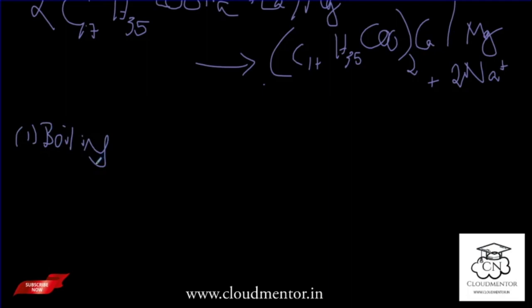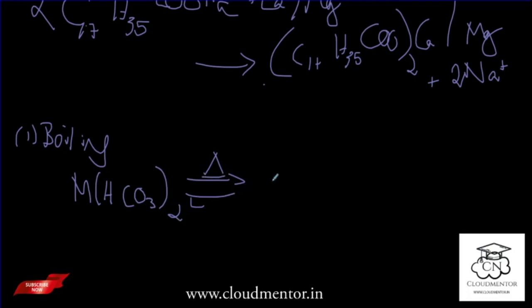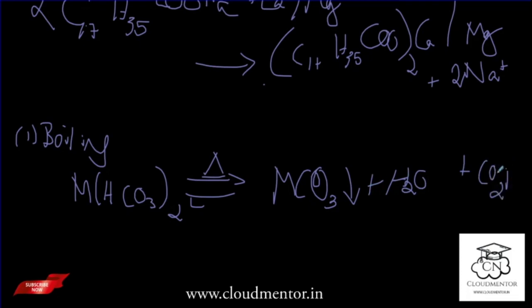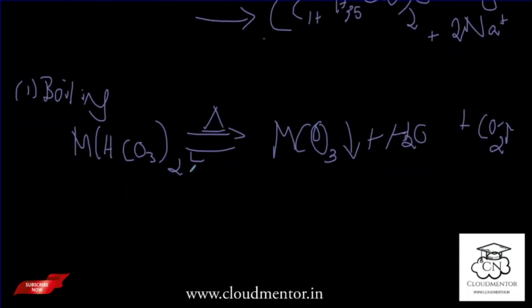Through boiling, the soluble bicarbonates change to insoluble metal carbonates and get precipitated, along with the soft water and evolution of carbon dioxide. Here M denotes magnesium or calcium.